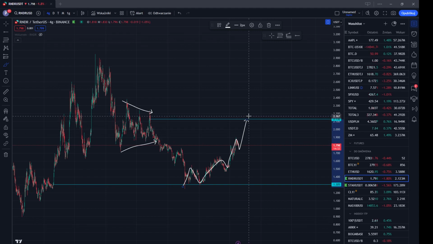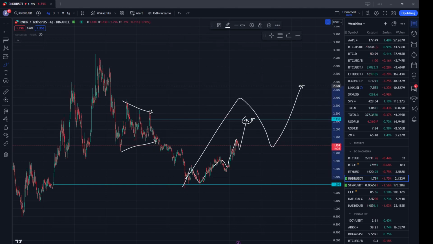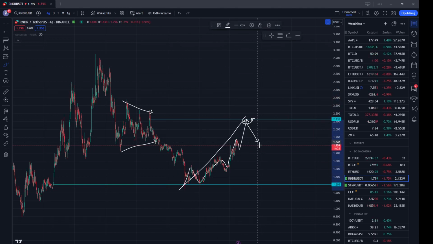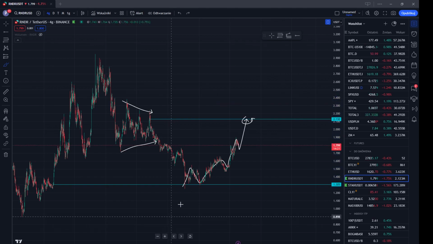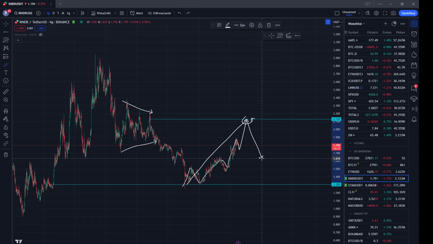If we do, then I think after correction it will run up hard. So it will go at least an A, B, C, or even better, it could go 1, 2, 3, 4, 5.